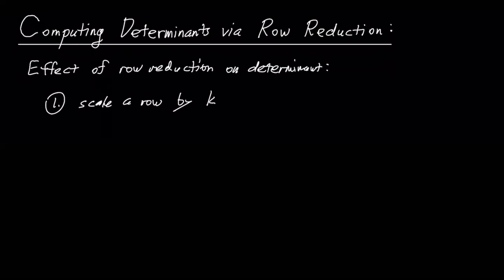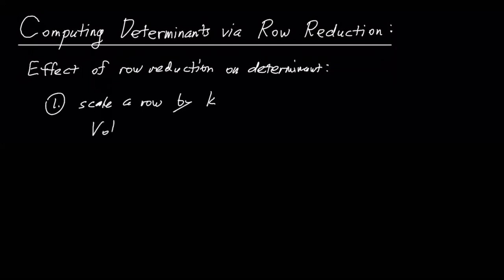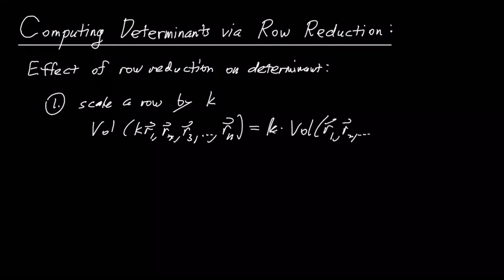it's sort of like taking the volume of, let's just say we have n rows and we scale the first row by k. We've already seen that just scales the volume by the same factor. You're just scaling one dimension of the box. And so that implies that the determinant gets scaled.